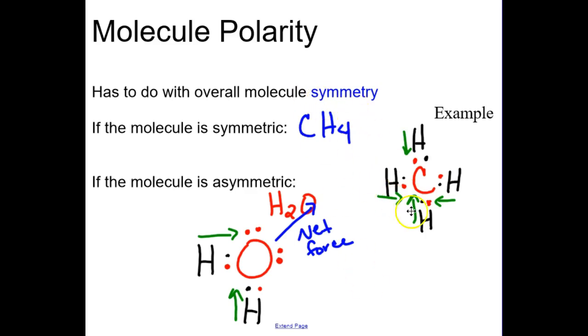All of the forces cancel each other out, and it ends up having no dipole, not one side of the molecule that's positive while the other side is negative. If a molecule, on the other hand, is shaped asymmetrically, the forces don't cancel each other out and they add together. And when that happens, we end up with this net force or a dipole moment where one side of the molecule is negative while the other side is positive.